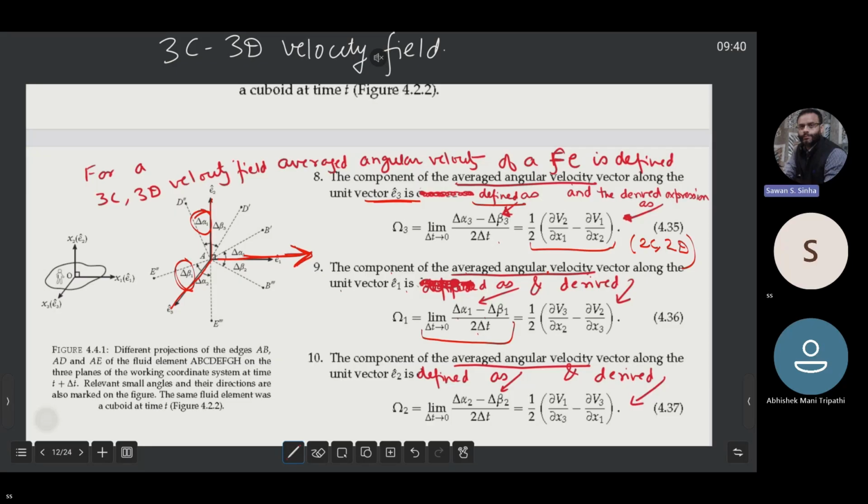Whereas here, you were looking at the component of the vector in the third direction, and you were interested in the angles that were in a plane perpendicular to the three direction. And that's why here delta alpha 3 and delta beta 3 came. Here it is delta alpha 1, delta beta 1.